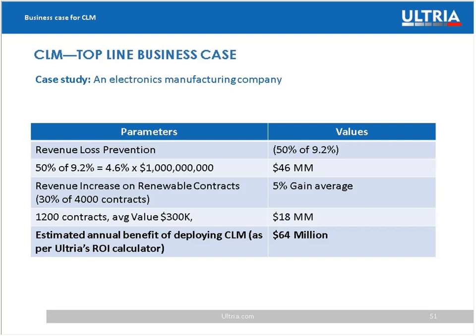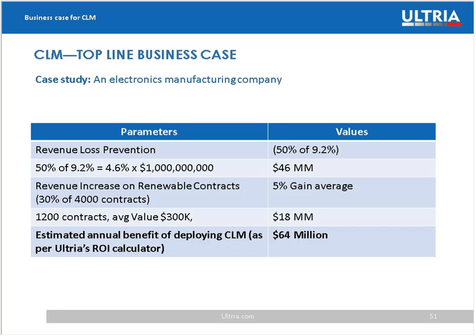So let's say I've got 4,000 active contracts. Let's say 1/3 approximately are renewable. That's 1,200 contracts with an average value of $300,000. And that's $360 million. And a 5% gain across that is $18 million net new dollars that you would not have had otherwise.